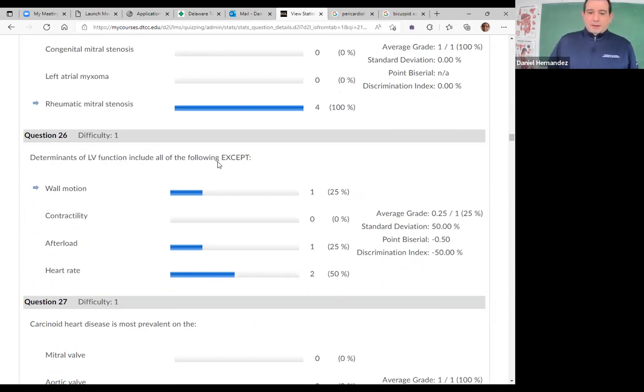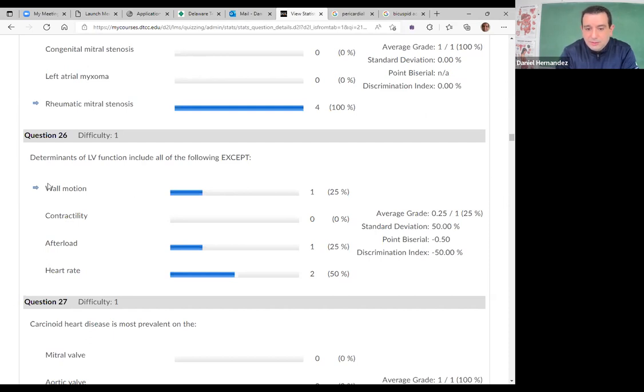So, determinants of LV function include all the following except. Things that will affect how well the LV functions are things like afterload, as well as our heart rate, and then the contractility of the heart.